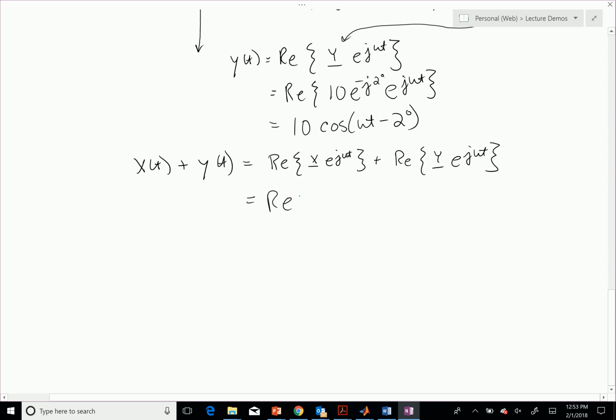So I say, all right, that's the same as x phasor e to the j omega t plus y phasor e to the j omega t.